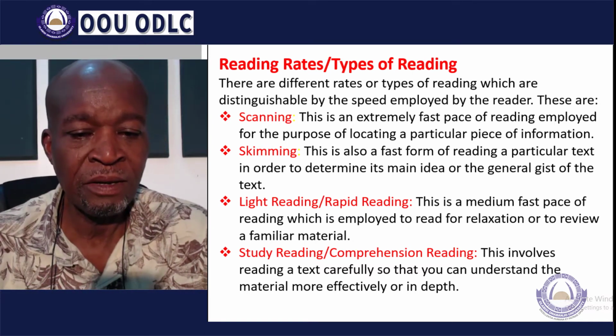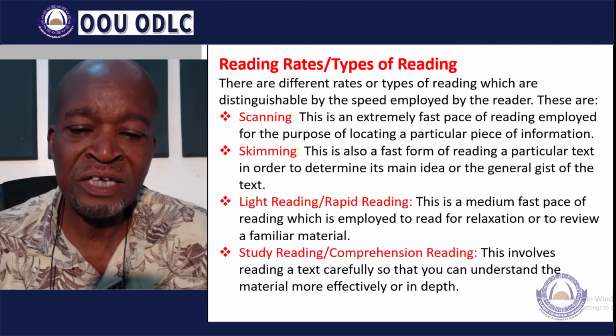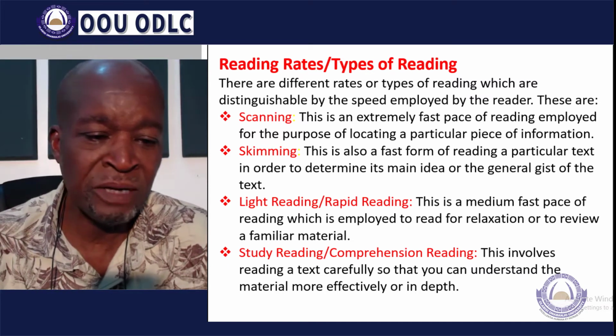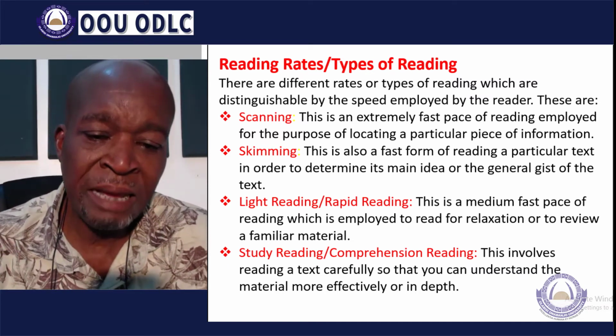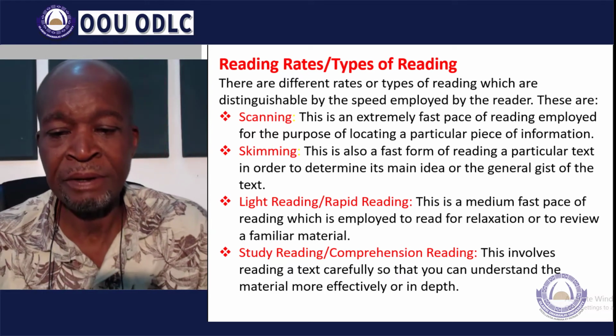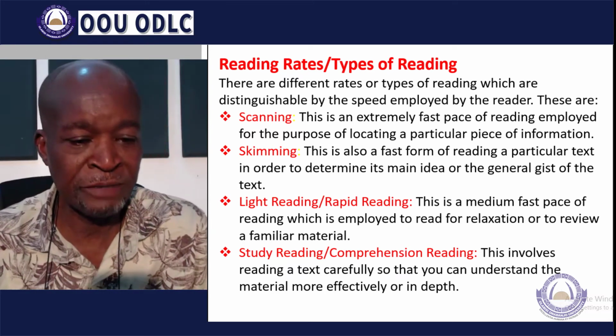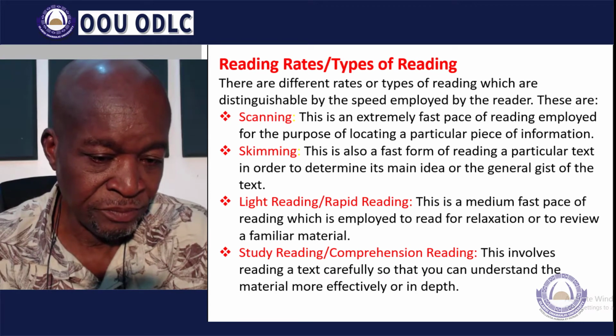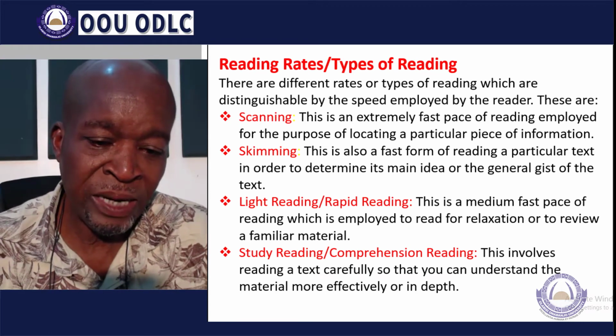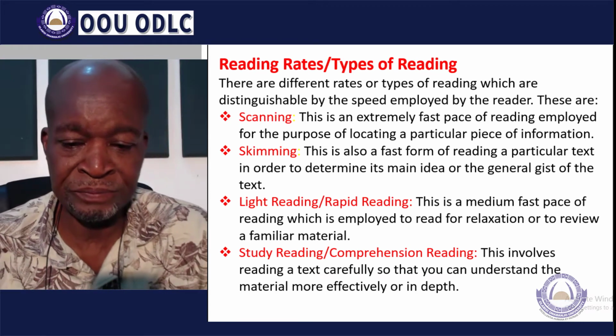2. Skimming. This is also a fast form of reading a particular text in order to determine its main idea or the general gist of the text. 3. We have what we call light reading or rapid reading.